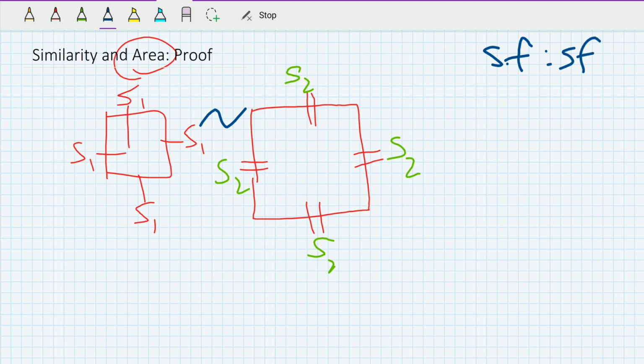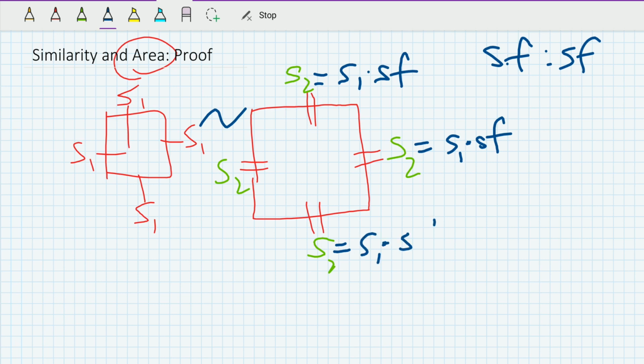So I can rewrite all of these new S's by definition by saying S1 times scale factor. Technically all I'm doing here is rewriting it based off of the fact that they're similar, so they all have the same scale factor, and you would just multiply, okay?